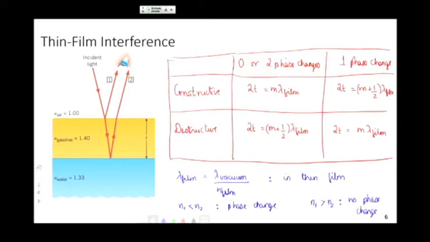What do I mean by a phase change? Say I have a boundary and I have a wave traveling to the boundary. When it travels away from the boundary, it flips. That's a half phase change, a lambda over 2 phase change.